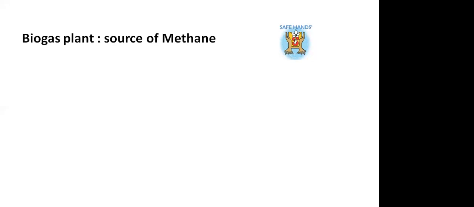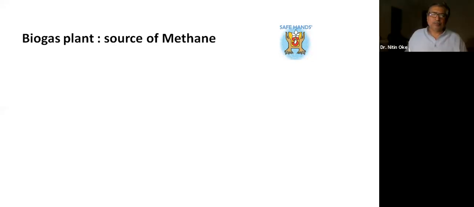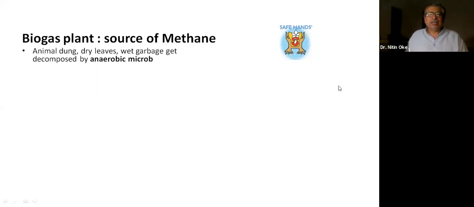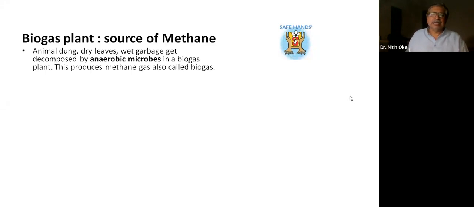Yes, sir. Good. Now biogas plant. This is the last topic, which is source of methane. But this is not industrial source. This is used by the farmers or the person who is having biogas. Animal dung, dry leaves, wet garbage, etc. is decomposed by anaerobic microbes.